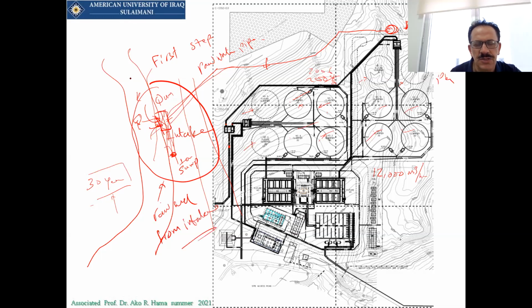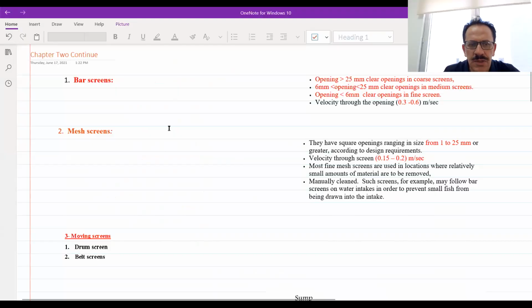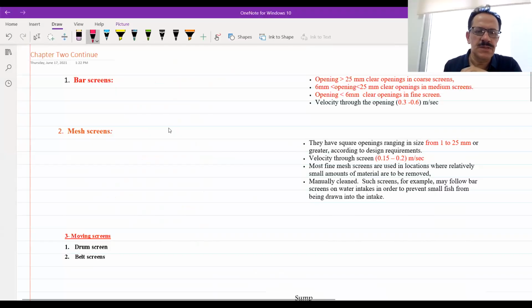So this intake structure will be the first structure that will help us, and let's see what this intake structure will include. It's a kind of chamber or channels, and these channels will have a screen on them. These screens are called bar screens, and we also have mesh screens.